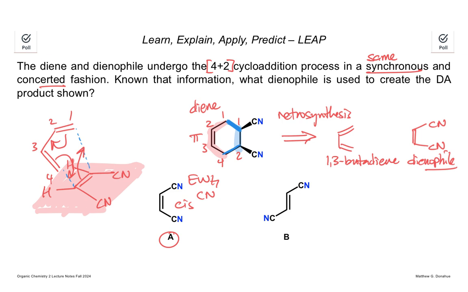So you can see from that geometry of the cis, those two cyano groups have to end up on the same side of the molecule. If we were to use B as the dienophile, the product would be this.